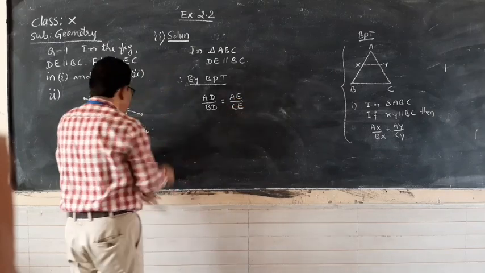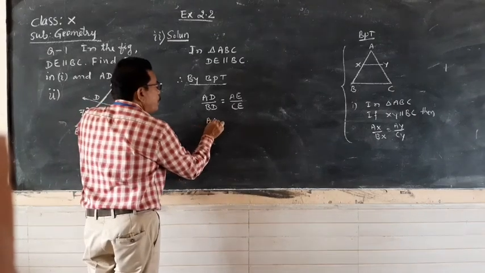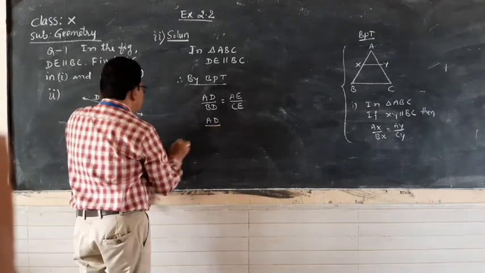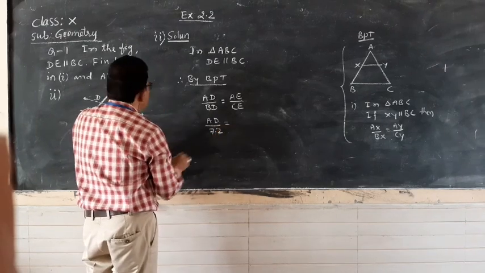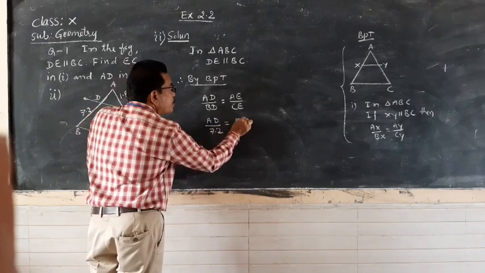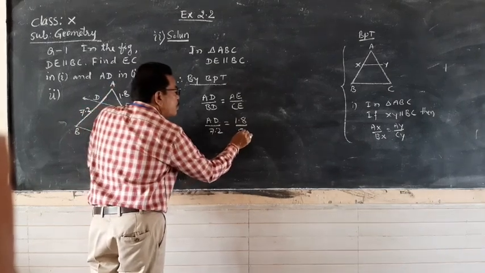AD is not known, BD is 7.2, equals AE 1.8, by CE, that is 5.4.